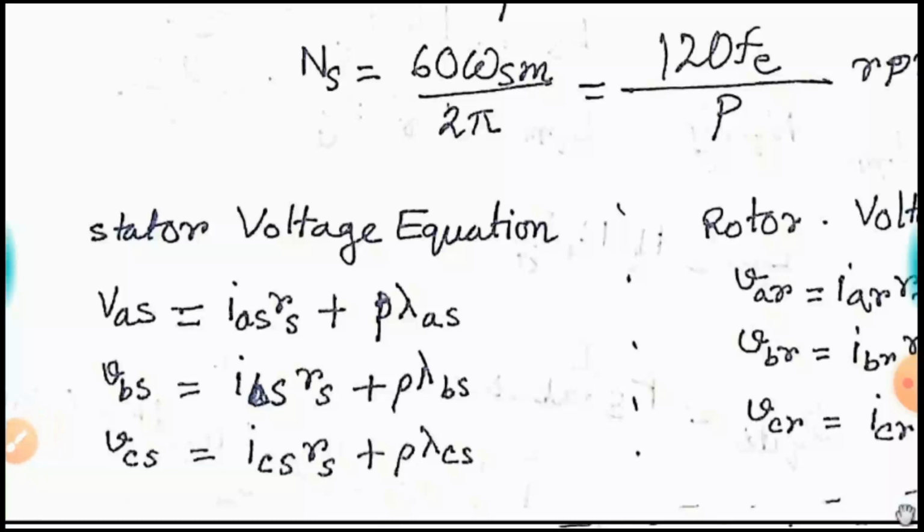And p is the time differentiation of the corresponding phase flux linkage.